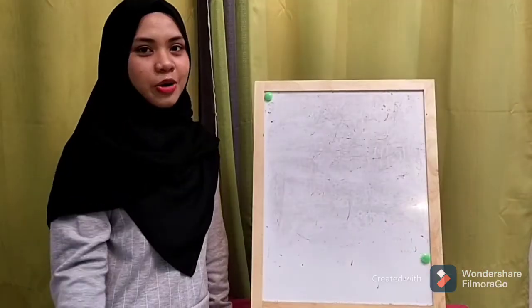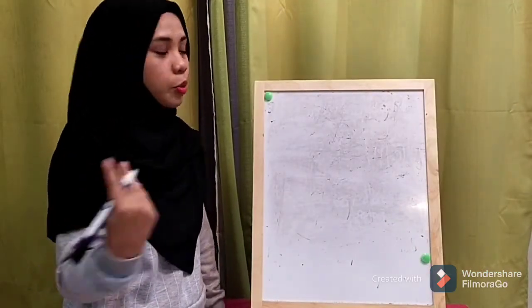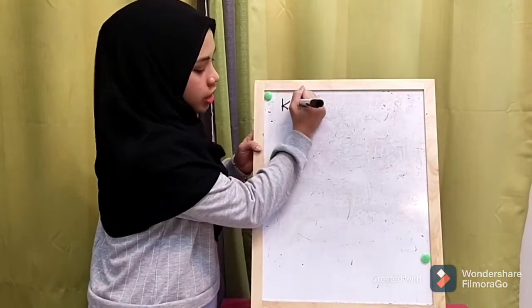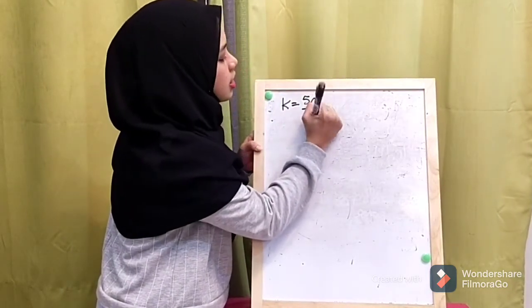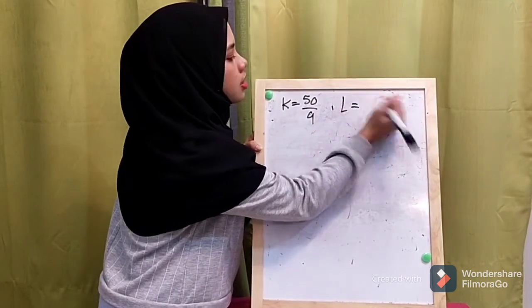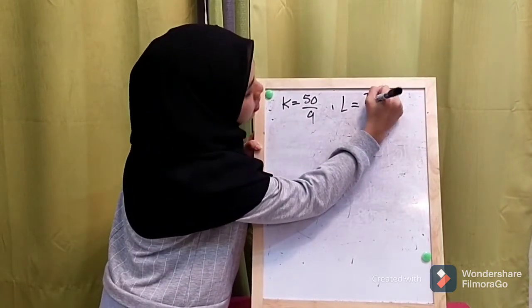Just now I got the values of K and L, where K equals 50 over 9 and L equals 74 over 9.